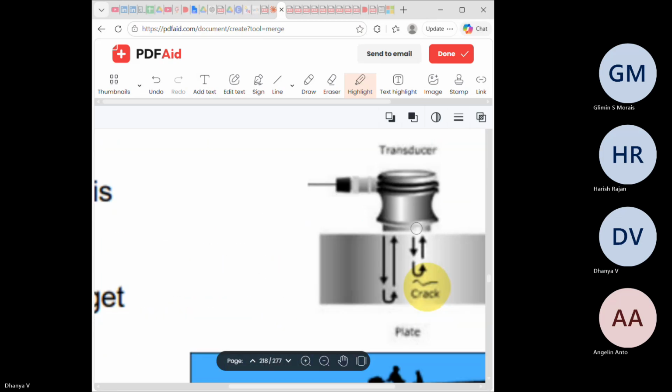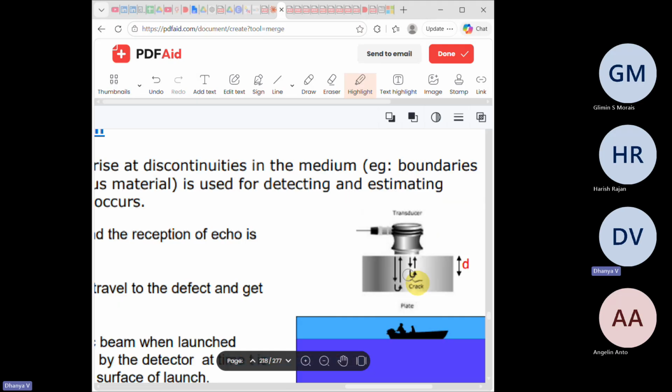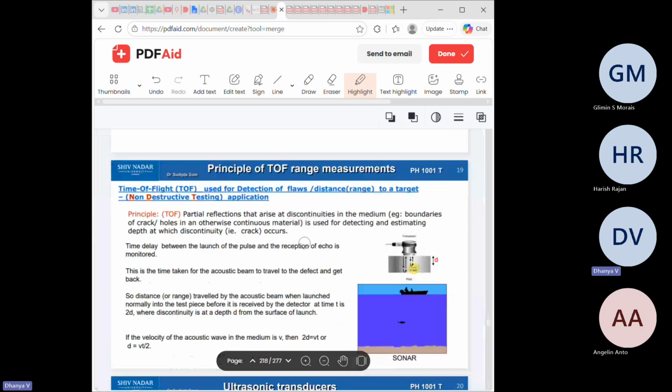Once you notice the crack, you transmit it, and then you reflect it, right? There's some amount getting transmitted otherwise also, but there's partial reflection over here. What does this partial reflection convey? It is used for detecting and estimating the depth at which the discontinuity occurs. So you will know the depth at which this crack is present.